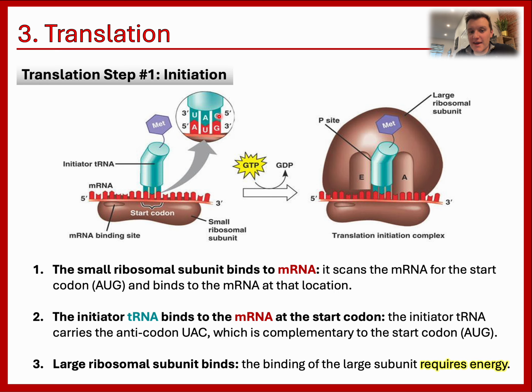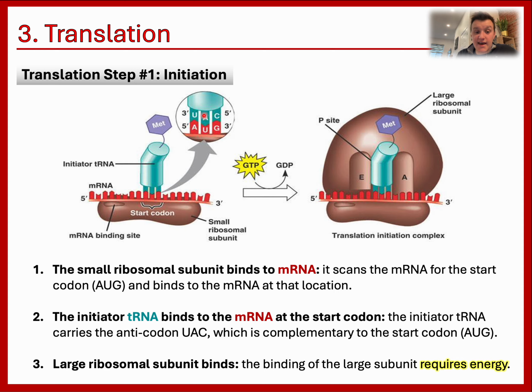So if I ever ask you for the anticodon, you just need to think about what would base pair with A, that would be a U. What would base pair with U, that would be an A. U is like a T a bit, and G would be a C. So these are the base pairings between the anticodon on the tRNA and the codon on the mRNA.